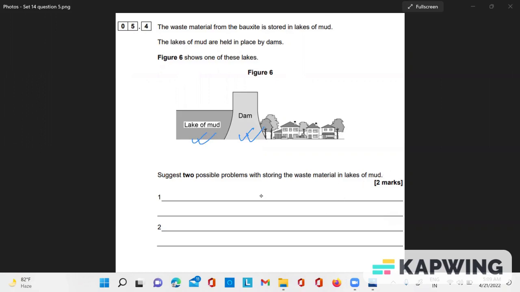They are asking us for two possible problems that can arise. The first problem which I can suggest is that there can be leakage of toxic substances from the mud to the environment.